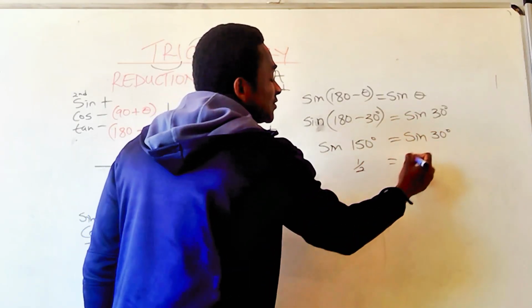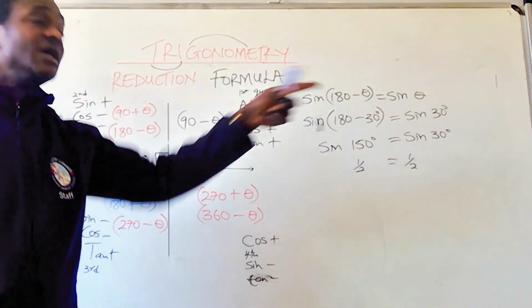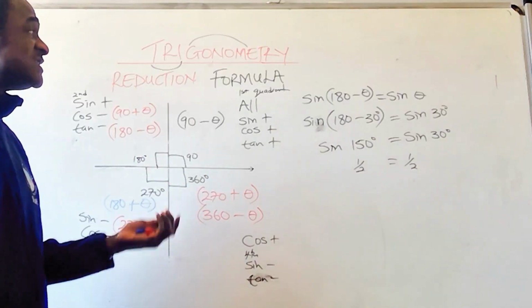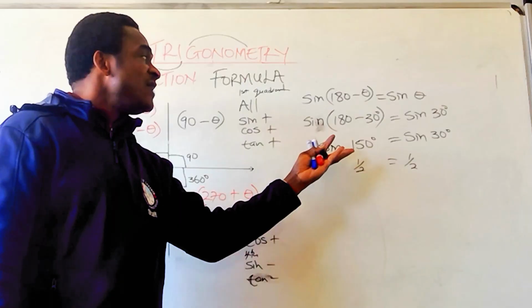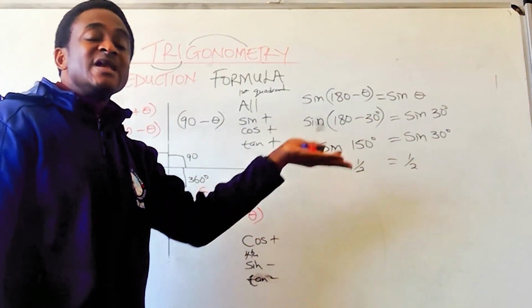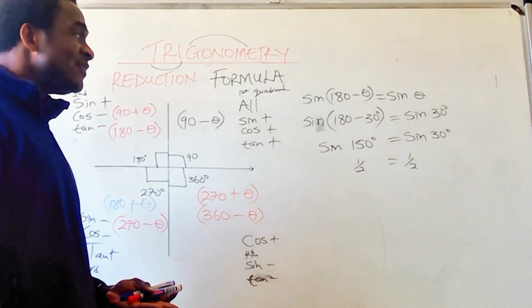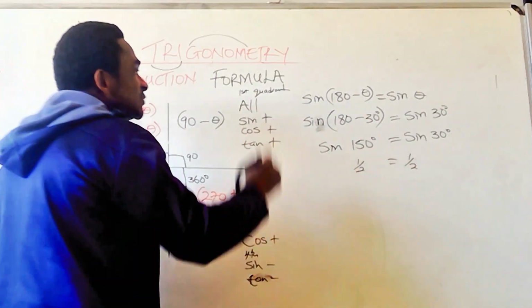If you punch it into your calculator, you will see that sine of 150 degrees is equivalent to sine of 30 degrees. That is the essence of working with the reduction formula. When you have very high values, you can easily simplify them, that is, reduce them, and then get the actual equivalent from these formulas. Now, let's go on.